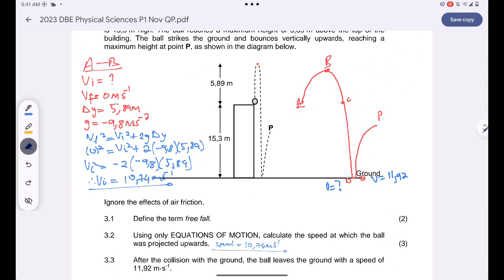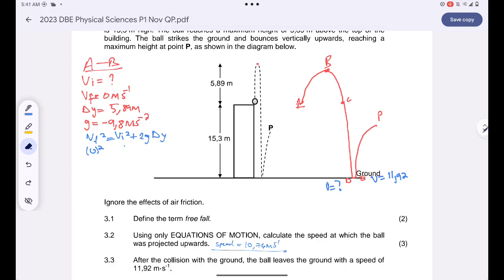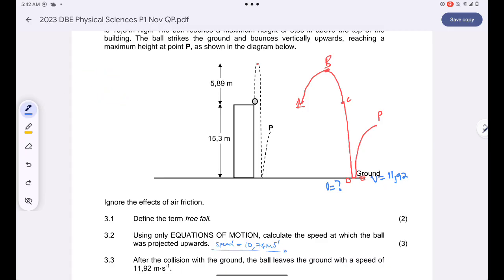Let me erase here. For me to find the kinetic energy of the ball at position D, I need to find the speed of the ball at position D, right? I can take information from A to D or B to D, but let me just take my information from B to D, just to avoid using the values that I calculated myself.